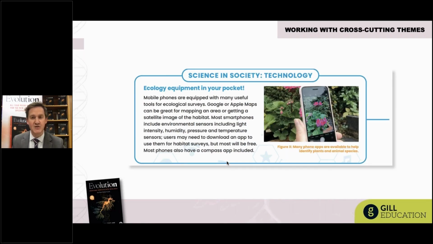So cross-cutting themes, I think they're not something to be afraid of. I think they actually enhance what we're learning, and we do this a lot anyway. It's just making sure that the students are aware that we're trying to find meaning. And so we give those case studies, but we can allow for students to incorporate further ones as well.